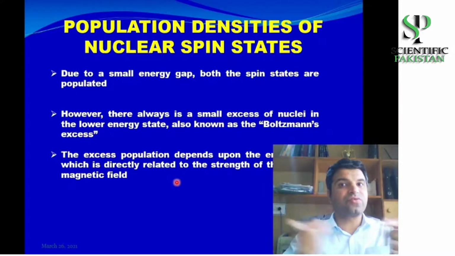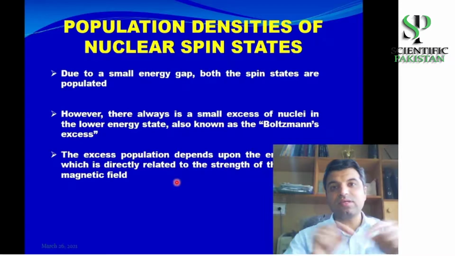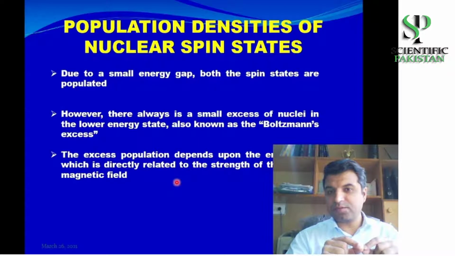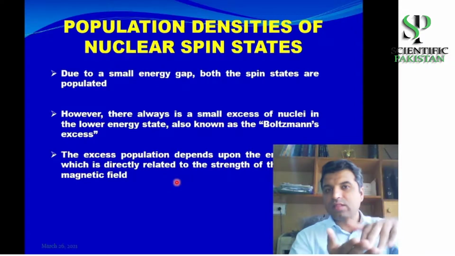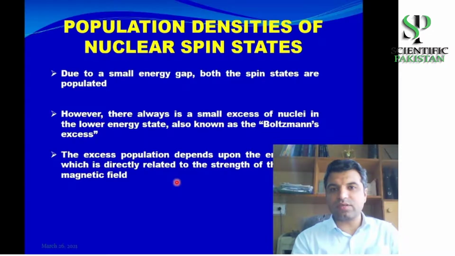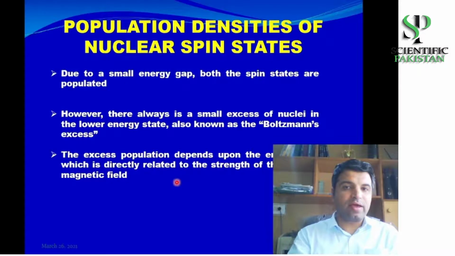So everything is directly related to B naught. You increase B naught, del E increases, the difference of population increases, and that means that the number of excess nuclei in the alpha state also increases.